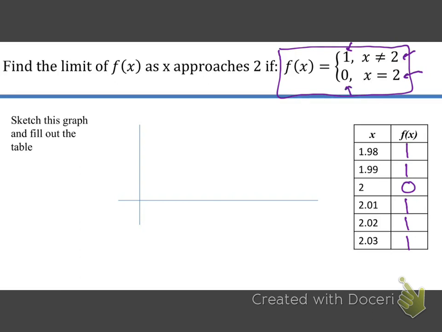So this one's kind of interesting because it says basically f of x is equal to 0 when x equals 2, and that's the only x value that it's equal to 0. Otherwise, it's equal to 1 everywhere else, x not equal to 2. So what that's going to look like is this.